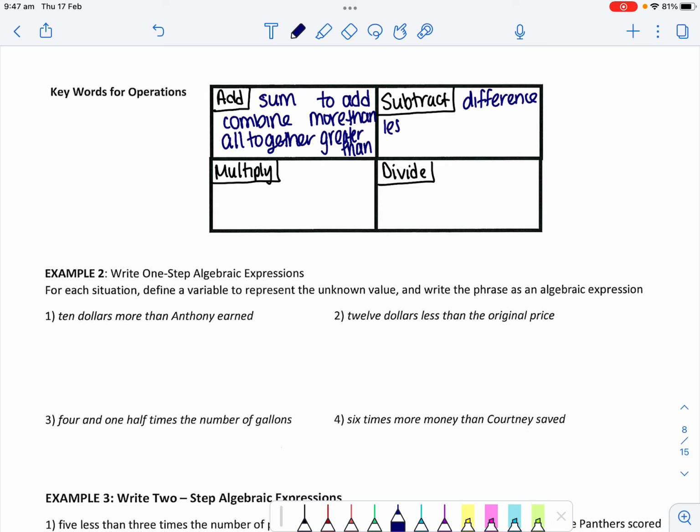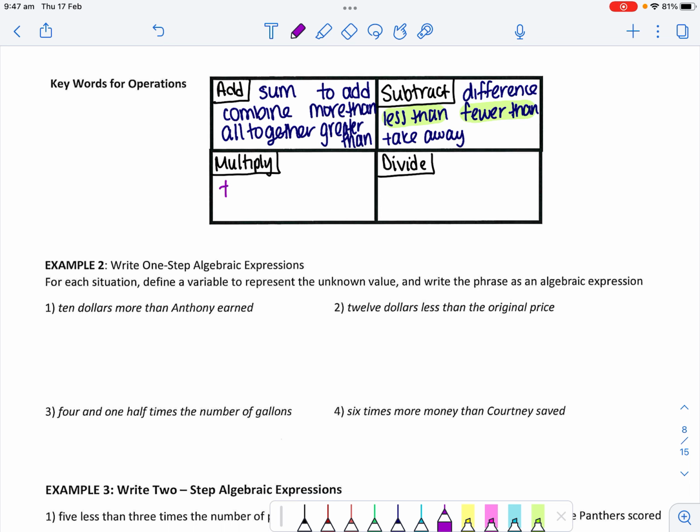We're doing less than, fewer than. Take away. And these 2 are going to be pretty important as we go through writing our algebraic expressions. So less than and fewer than, we have to think of those in a little bit different way.